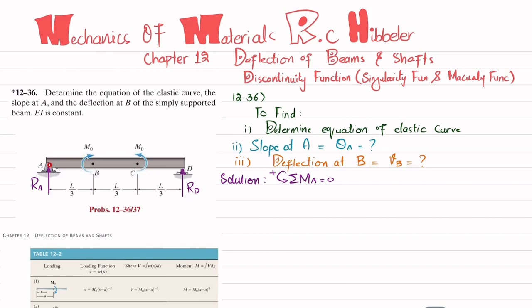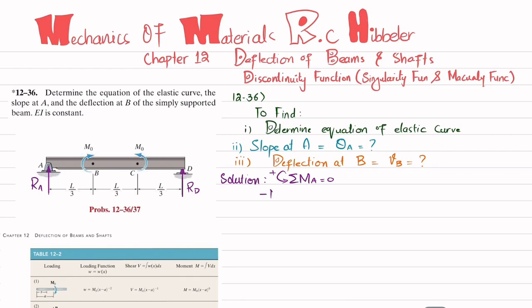So about point A, one moment is this M naught which is clockwise, so it will be negative. The other moment is this M naught which is counterclockwise and that will be positive, and the third moment will be RD into this length which is L, and this will be again counterclockwise, so it will be positive. But the sum of all moments about point A will be equal to 0.